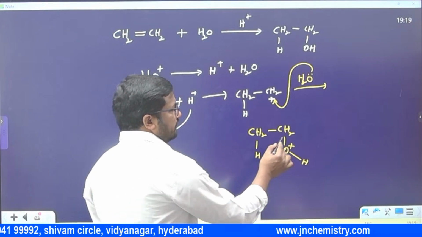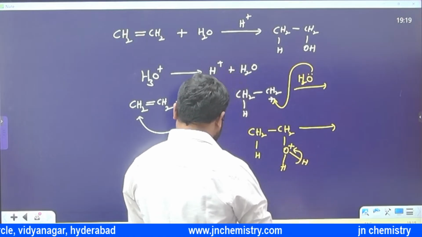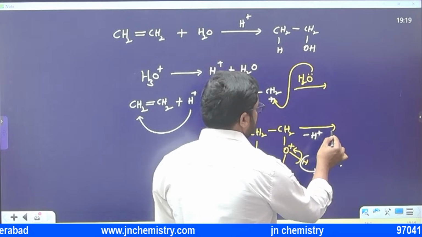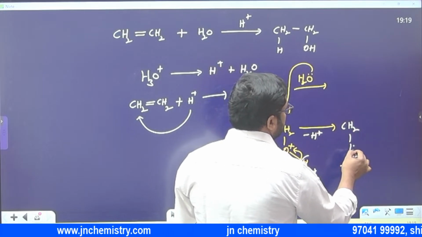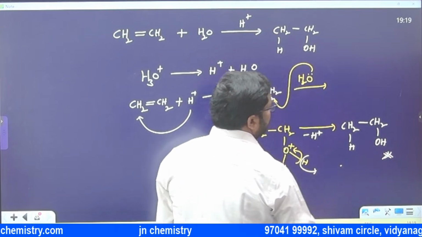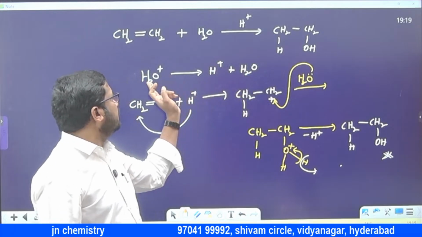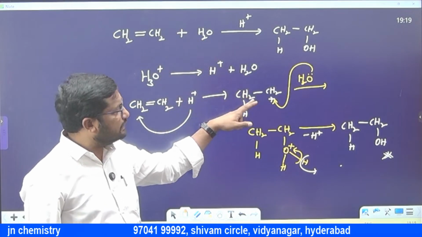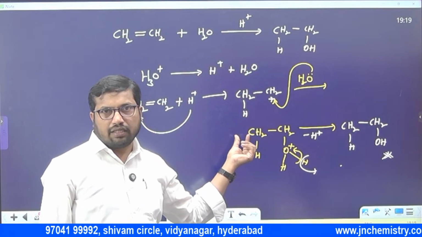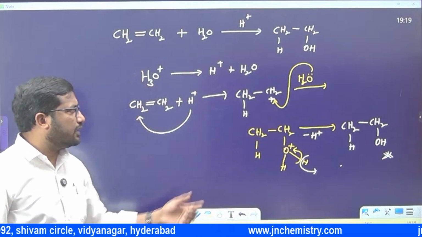In the last step, H plus goes out, minus H plus, giving CH2H, CH2OH. Write the product. Actually, we can directly write OH, H plus. If you take water, it is H plus OH minus, but this is an NCERT-type mechanism. Water is a somewhat weak nucleophile when compared with OH. Right, write it down.